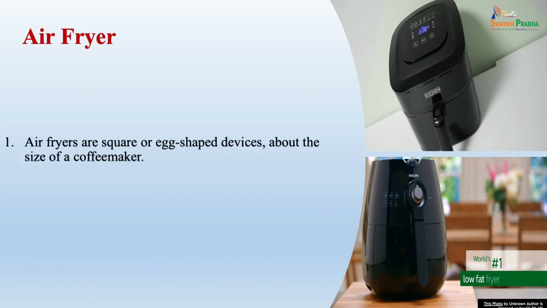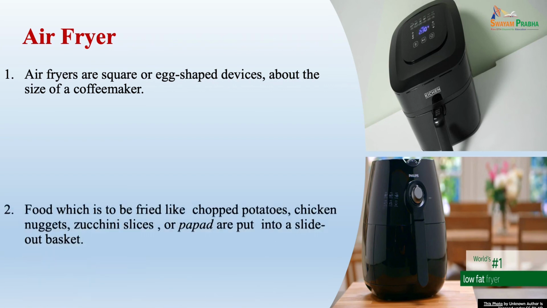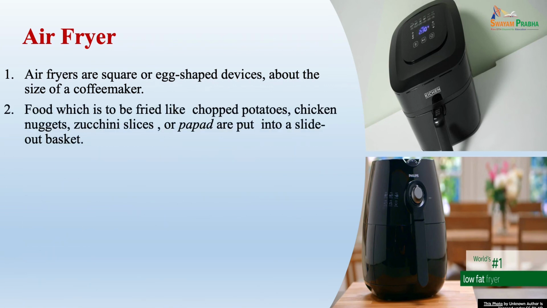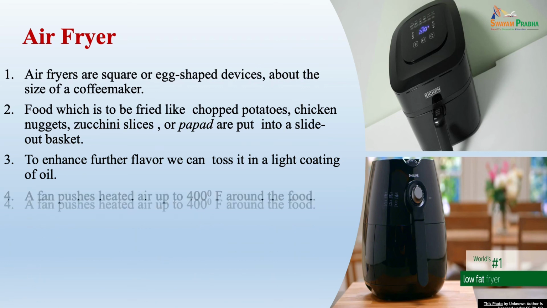Air fryer. Air fryers are square or egg-shaped devices about the size of a coffee maker. Food which is to be fried, like chopped potatoes, chicken nuggets, zucchini slices or papad, are put into a slide-out basket. To enhance flavor further, we can toss it in a light coating of oil.